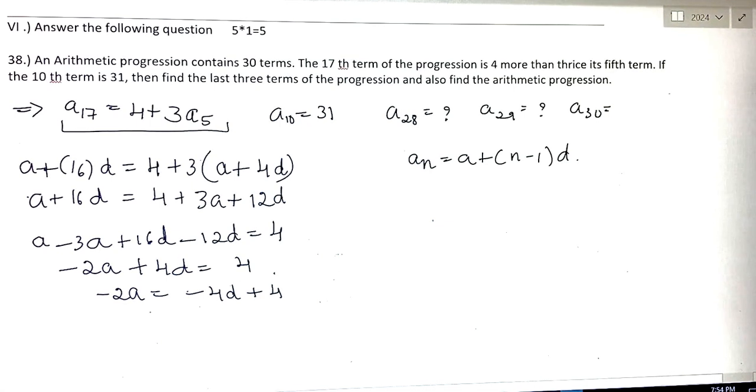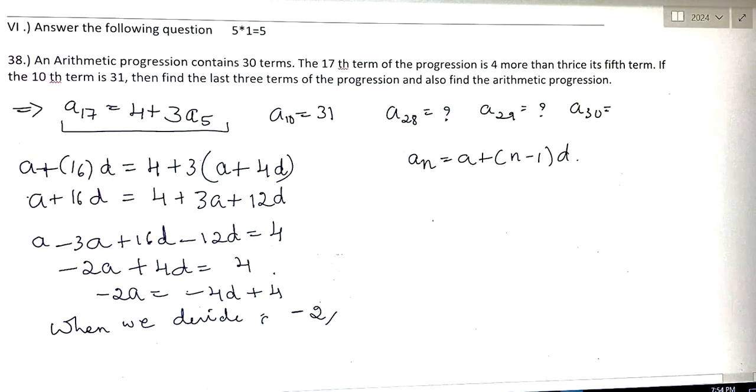Now when we divide this equation, since we have 4, 4, 2, that means we can take 2 common in this equation. So we divide this equation by minus 2, because we have a minus here and we need to remove this minus. If we divide with minus 2, minus minus will get cancelled and we get plus a.